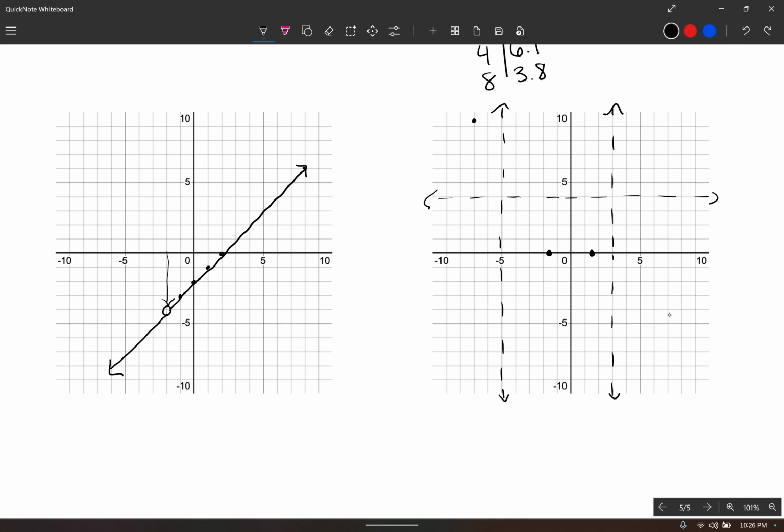Then we have negative 4, negative 7.9, negative 3, negative 2.25, 0.6, 2, negative 1, 4, 6.1, and 8, 3.8.